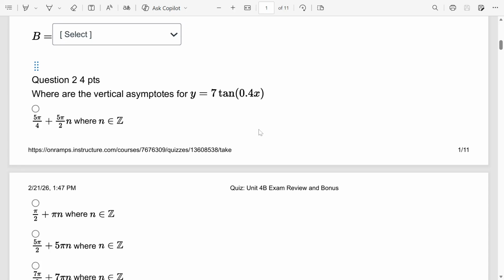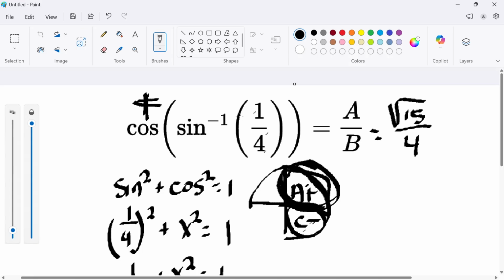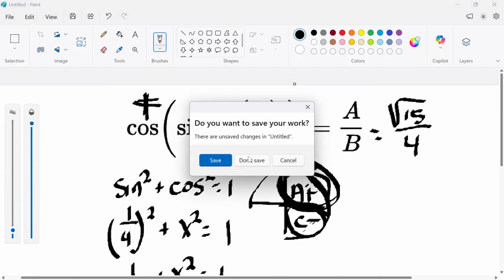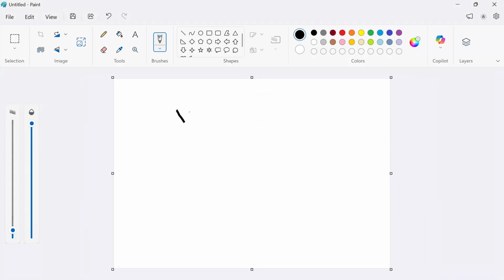What are the vertical asymptotes of y equals 7 tan 0.4x? Let me make a new one. y equals 7 tangent of 0.4x.